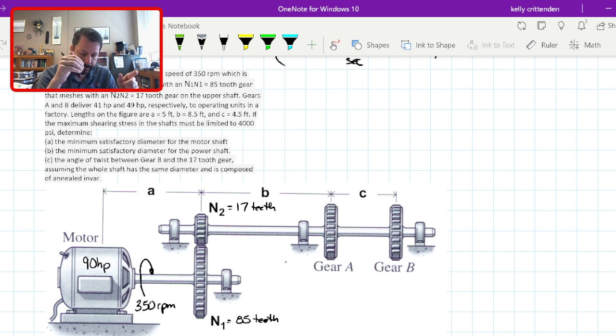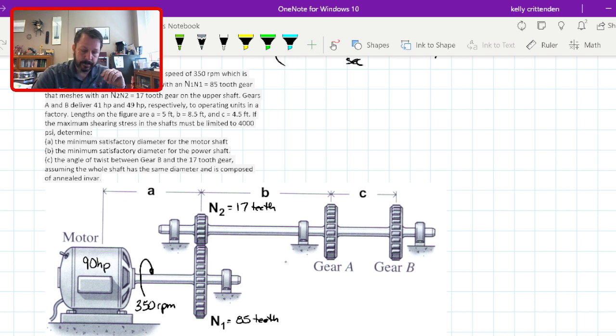And so that smaller N2 is spinning way faster than the big one. For every revolution the big one makes, it goes around 85 teeth. Well, 85 divided by 17 is 5. So that smaller gear has spun 5 times for every one revolution of the bigger gear.